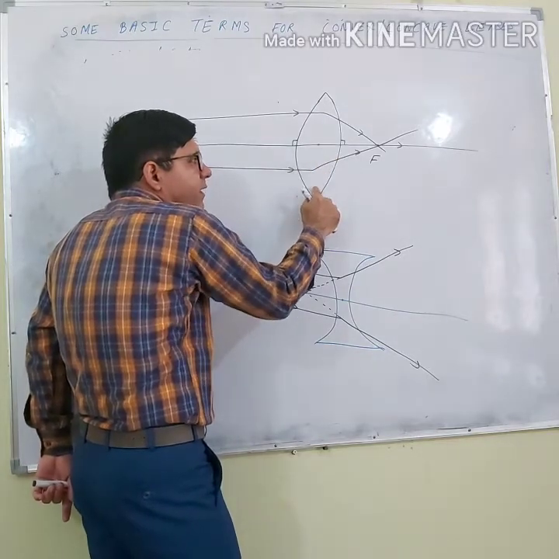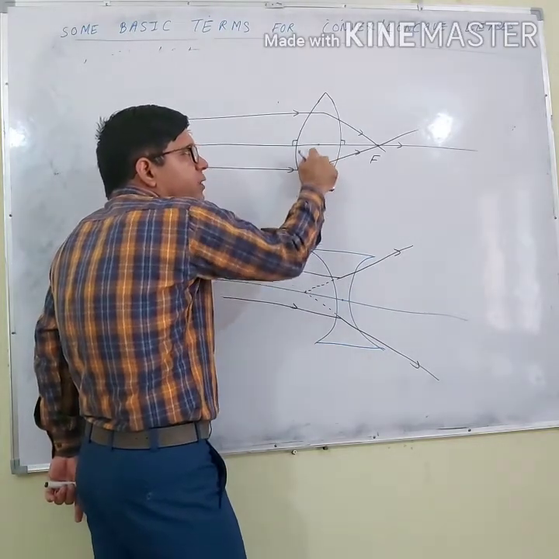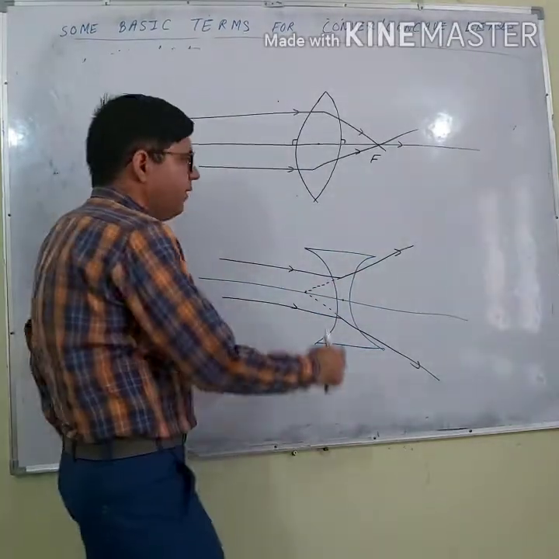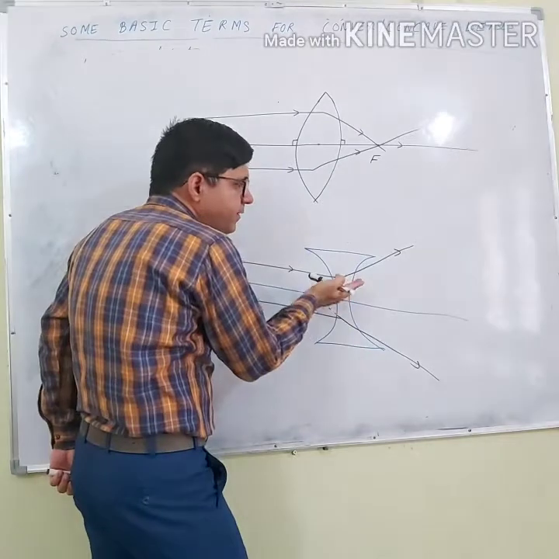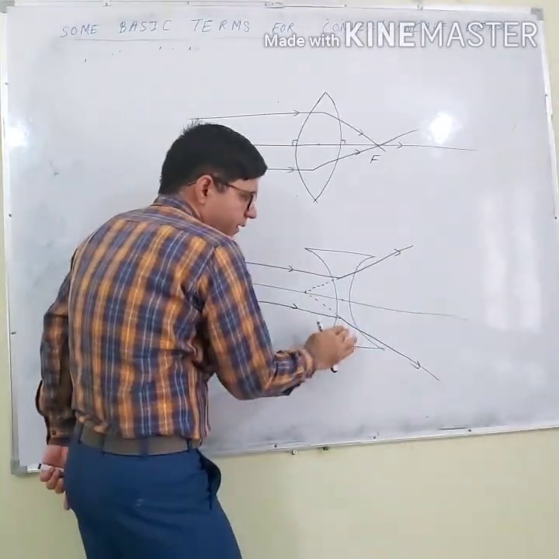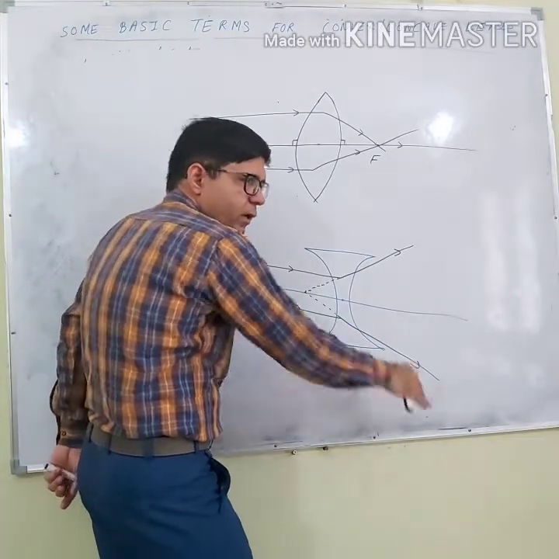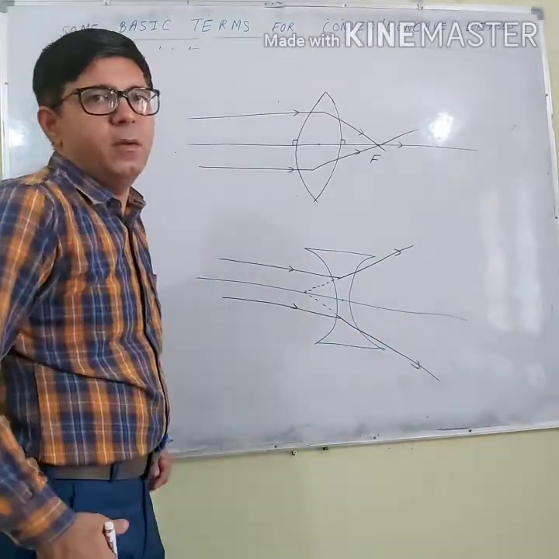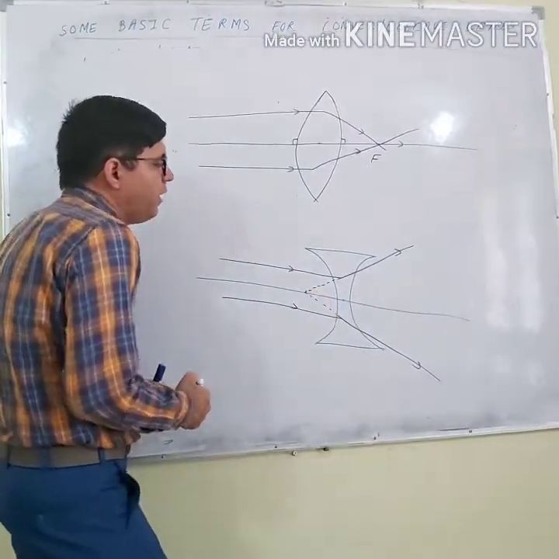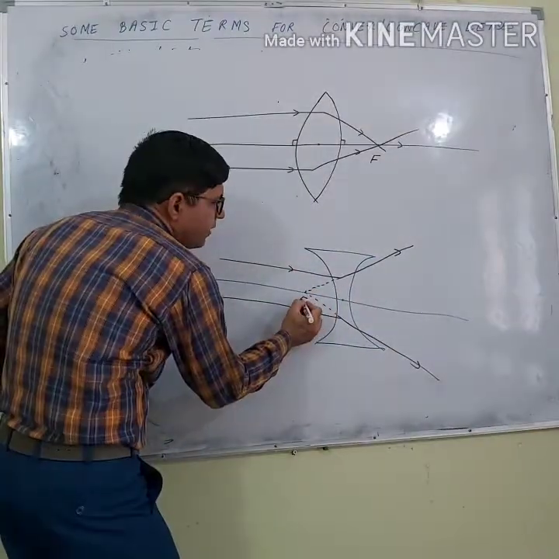Because thickness is increasing as we move from the edge to the middle. And what happens in this case? Thickness is increasing upward, so the ray of light is moving upward. In this case, thickness is increasing downward, so the ray of light is moving downward. So here principal focus is this.